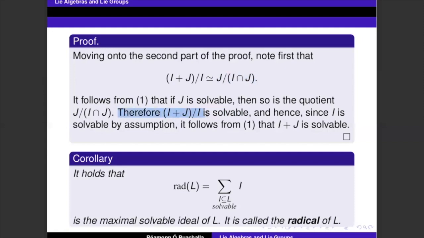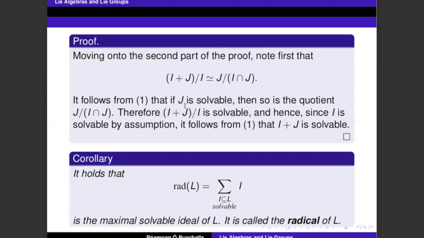Therefore J is solvable. Since I is solvable by assumption, and this is an isomorphism of Lie algebras, this is solvable.